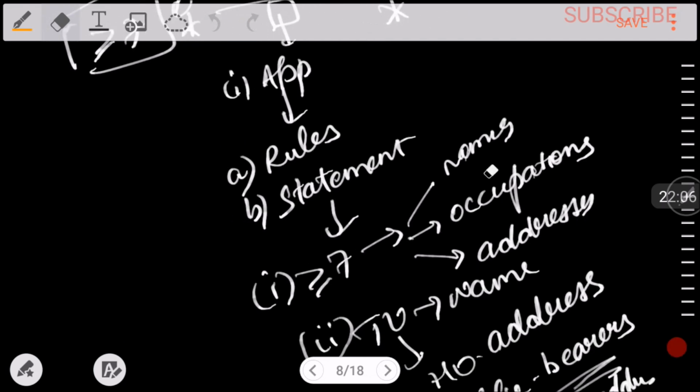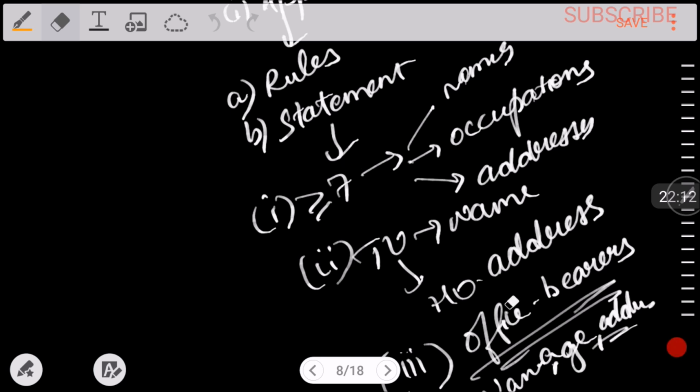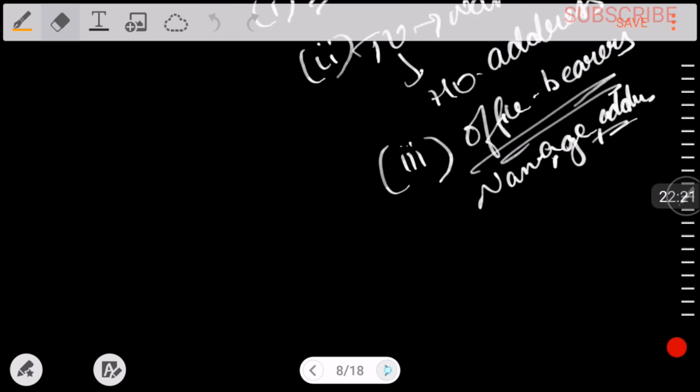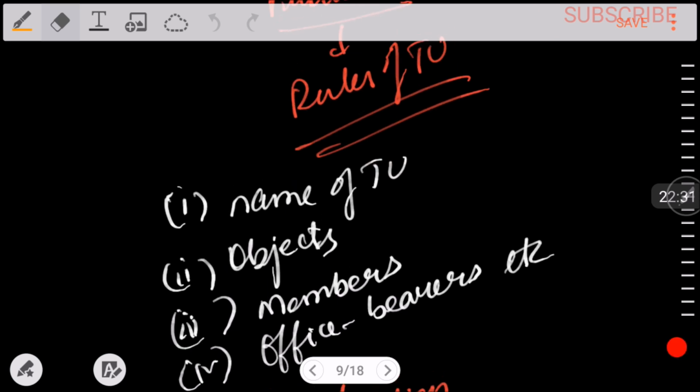Then we discussed about application for registration. Application of registration is sent by 7 or more persons to the registrar, and the application is accompanied by rules and statement contains the names, occupations and addresses of 7 members, that is details of the 7 members, details of the office bearers, and the name of the trade union and the address of the head office.